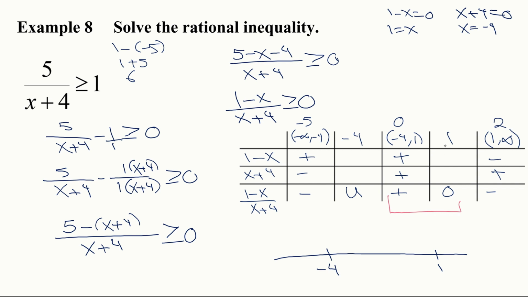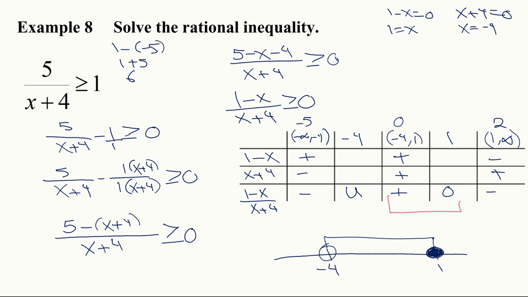So don't include the negative 4, because we know it's going to be undefined there. So open circle at negative 4, closed circle at 1. And then everything in between, right?